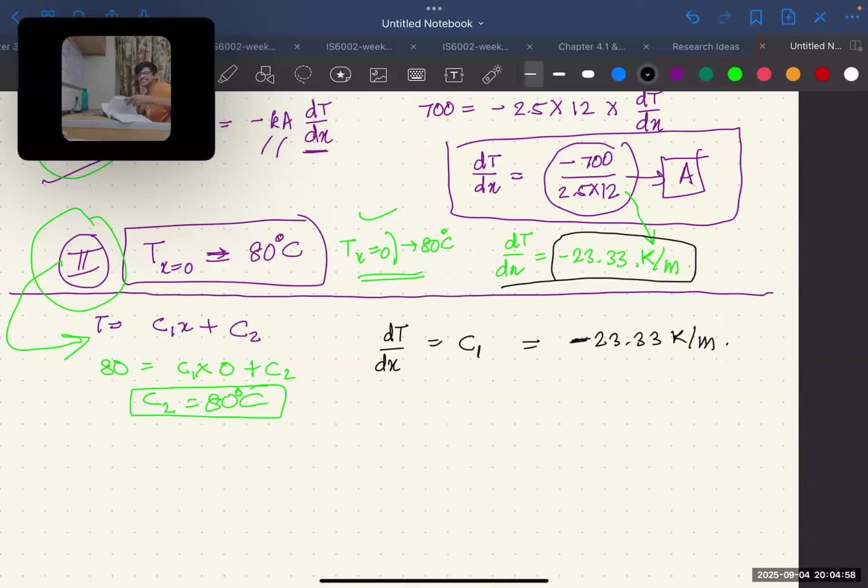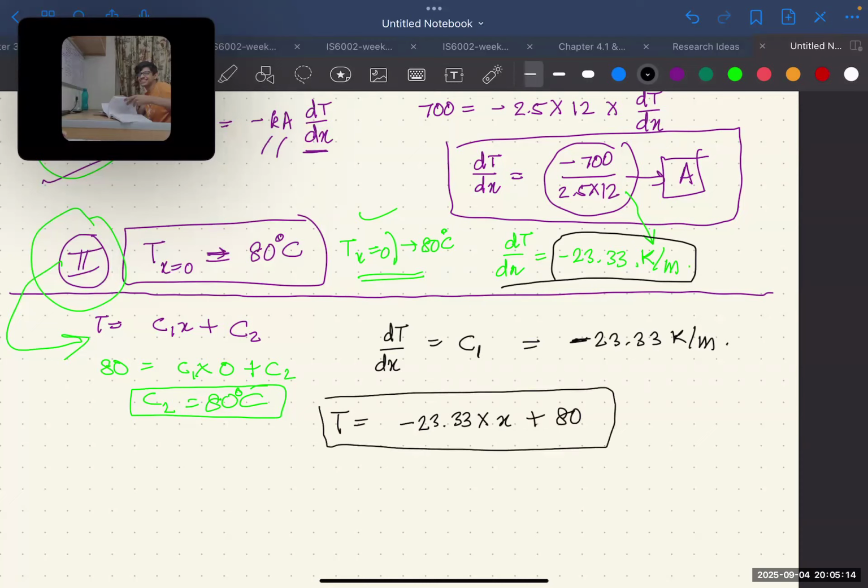Now we have C1 and C2. We can simply say the temperature distribution inside the wall is minus 23.33 times x plus 80. This is how we get it. Now the B part of the problem is done.